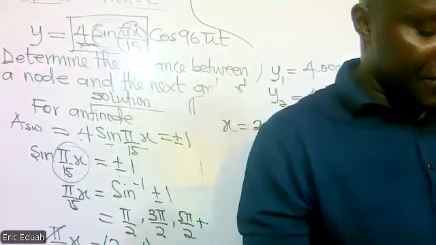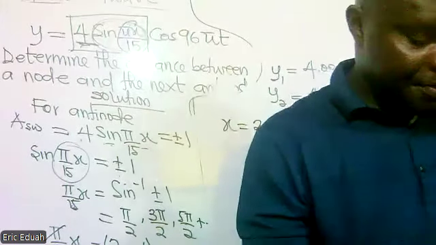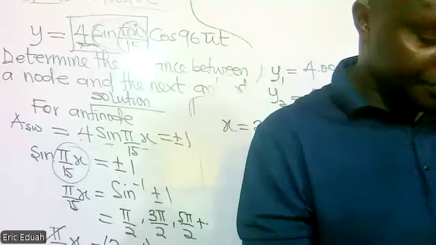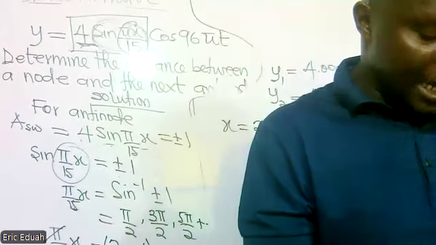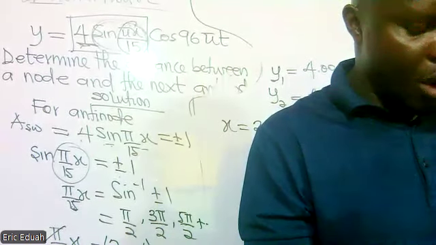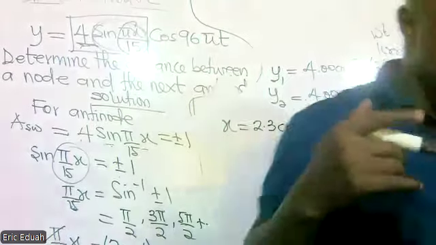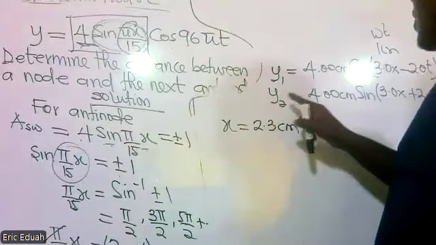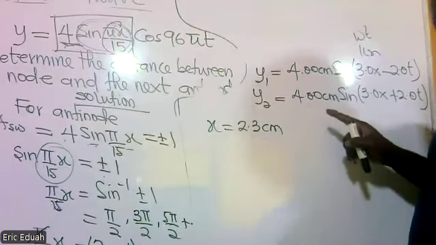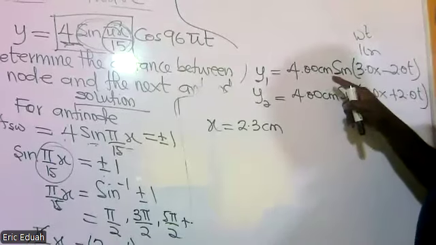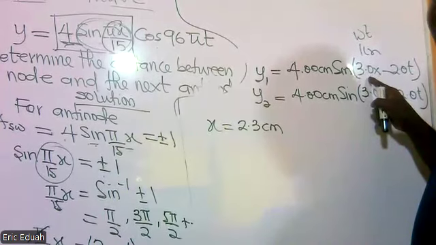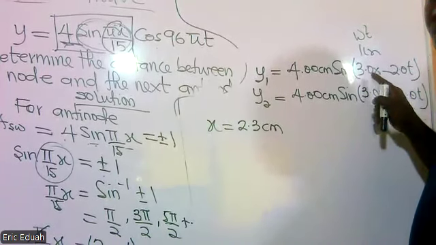Two waves traveling in opposite directions produce a standing wave. The individual waves are y1 is equal to 4.0 centimeters sine 3.0x minus 2.0t.